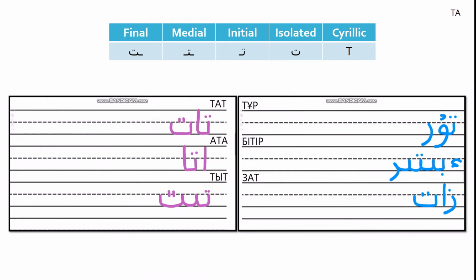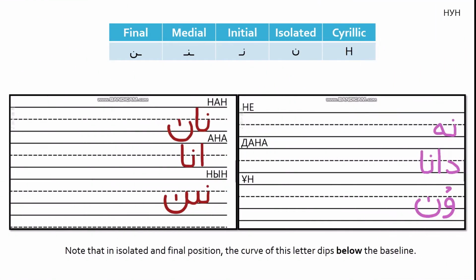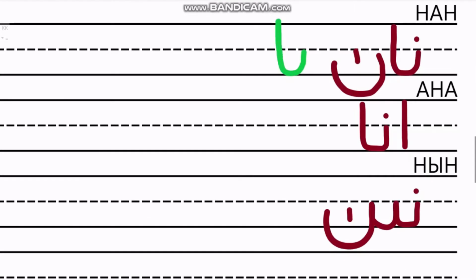The next one is nun, which corresponds to the Cyrillic letter n. Unlike the previous 3 letters which stayed above the bottom line, nun dips below in the isolated and final forms. Let's take a look.